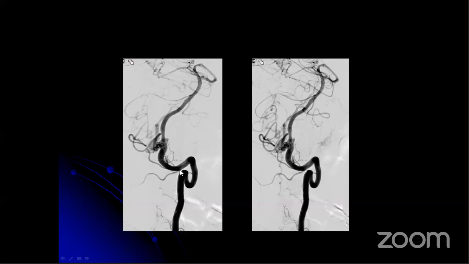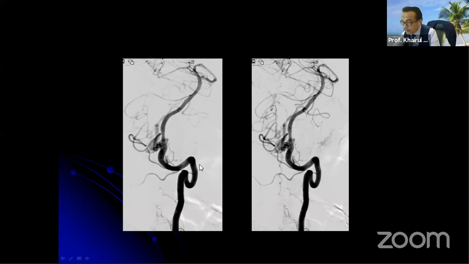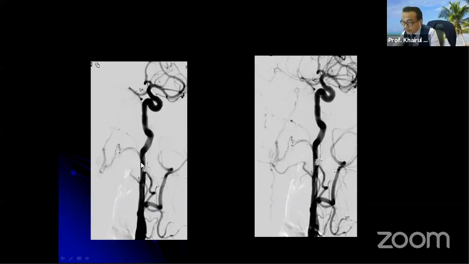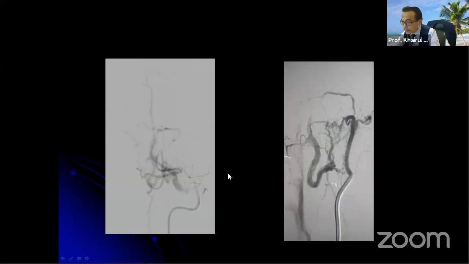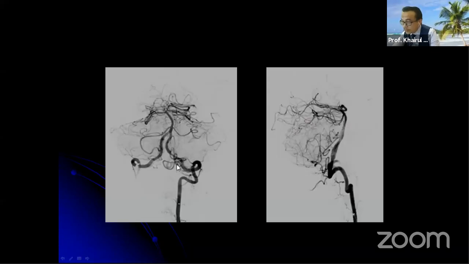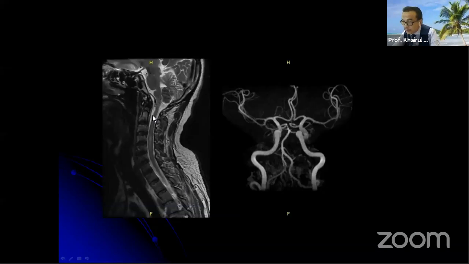On angiogram, we also have feeders from the vertebral. So again, we go here, inject as distal as possible. This is the ascending pharyngeal branch. After embolization, the fistula disappeared, and the cervical myelopathy reduced after treatment.